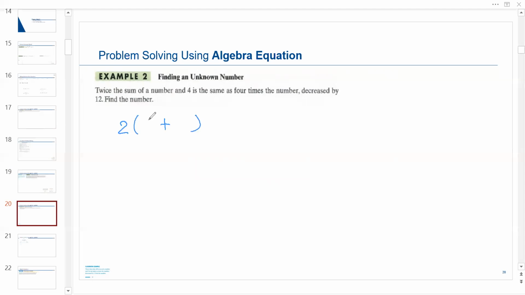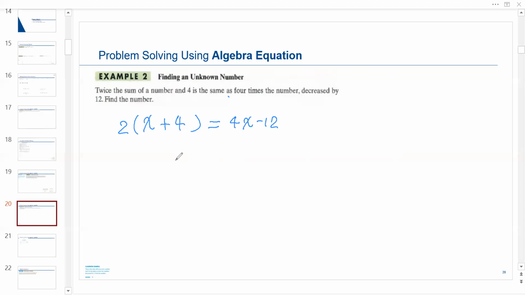A number is unknown, we give it x, and 4. Twice the sum of a number and 4 is the same as, which means equals, 4 times the number decreased by 12.